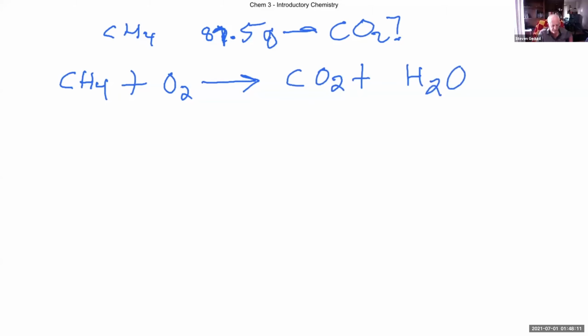Now I want to balance it. How do we balance it? One carbon, 4 hydrogens. We have 4 hydrogens over here, so we put 2 in front of the H2O on the right.